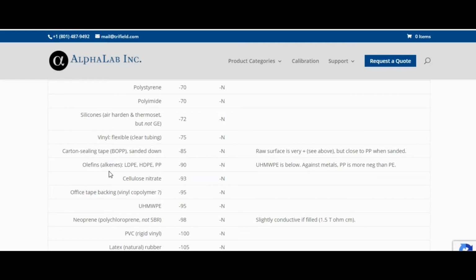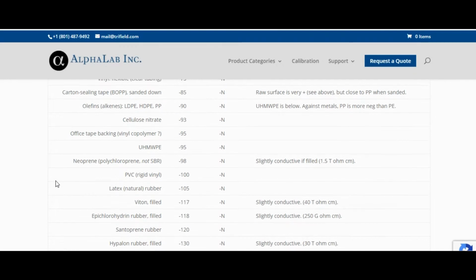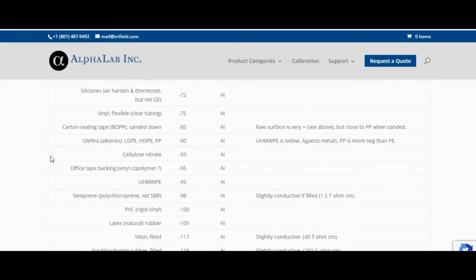So when olefins and neoprene are rubbed together, the olefins will become positively charged and the neoprene will become negatively charged. I found neoprene right below olefins, just above PVC. And this is something which is really interesting.